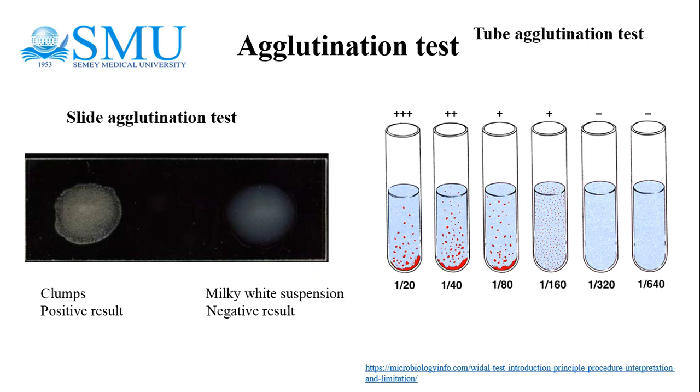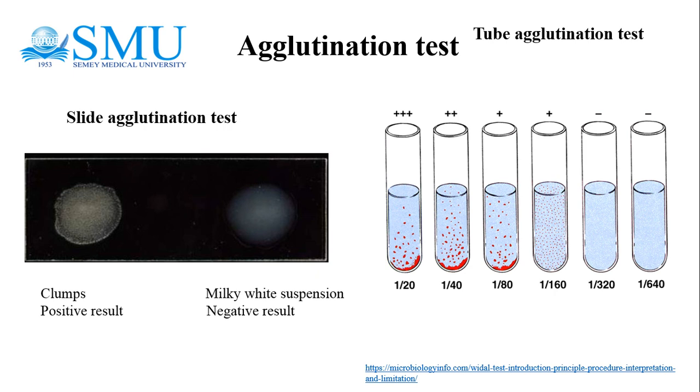And the mechanism of this test: first of all, a bacterial colony is mixed with a drop of saline on a slide to form a uniform, smooth, milky white suspension. Next, a drop of serum containing the appropriate antibody is added, and the slide is shaken thoroughly for a few seconds.